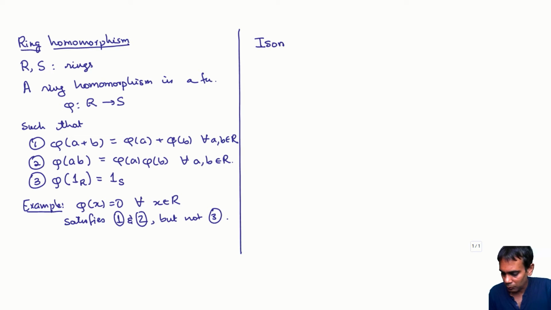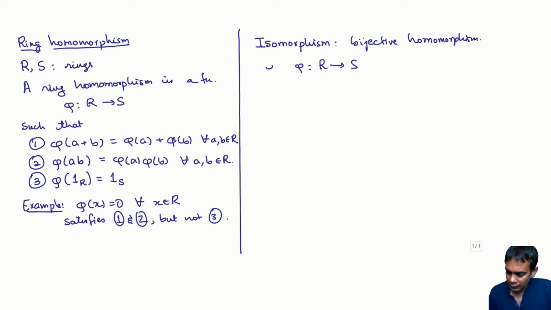An isomorphism of rings is a bijective homomorphism. And if phi from R to S is an isomorphism, then phi inverse from S to R is also an isomorphism.